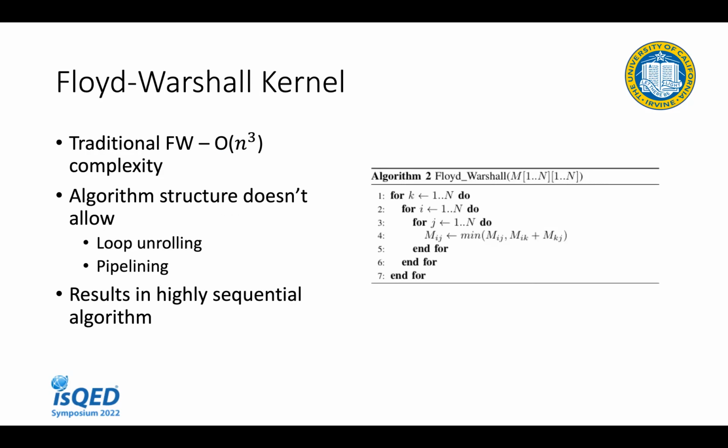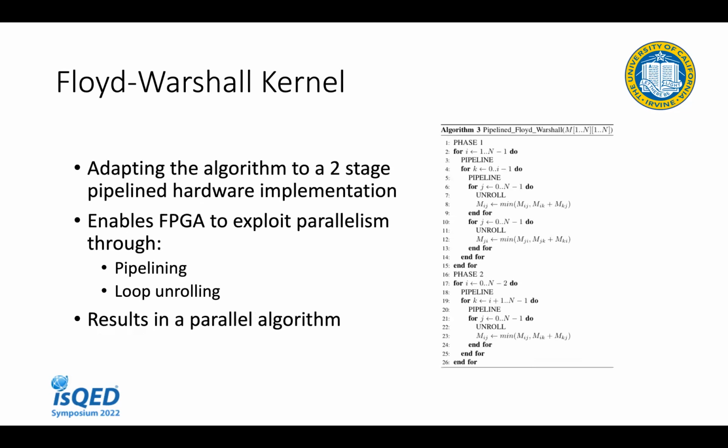For our Floyd-Warshall kernel, you can notice that the naive implementation is highly sequential and does not allow for any sort of hardware parallelism. So before we can accelerate it, we need to make some changes to the algorithm itself.